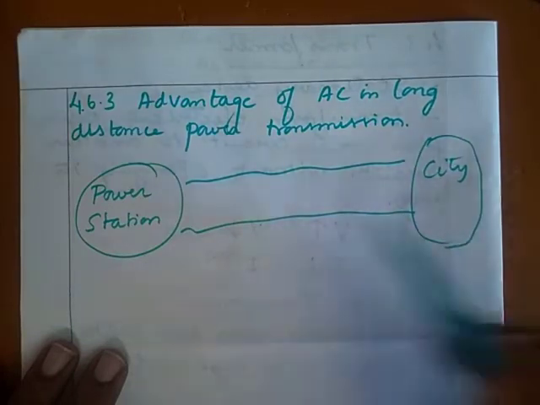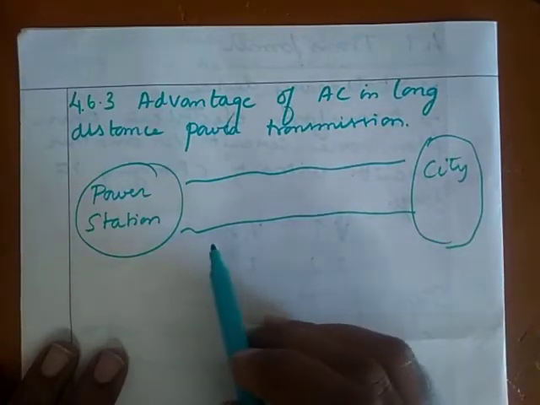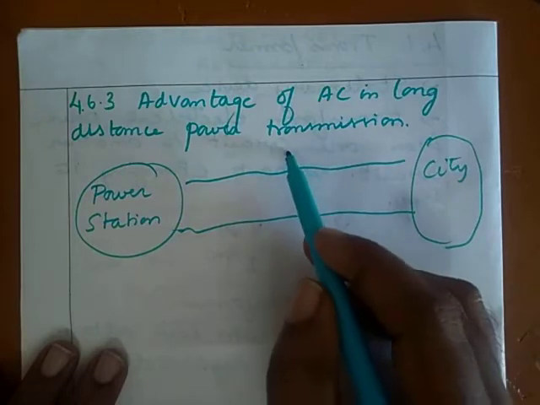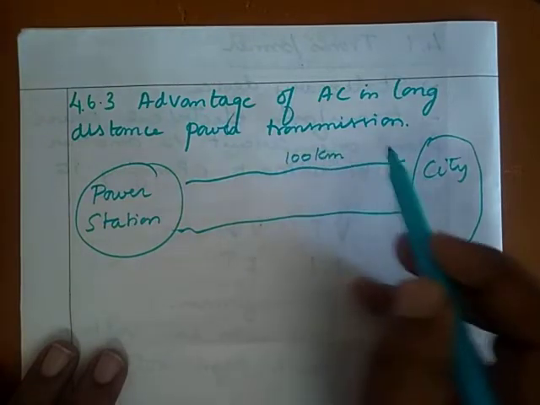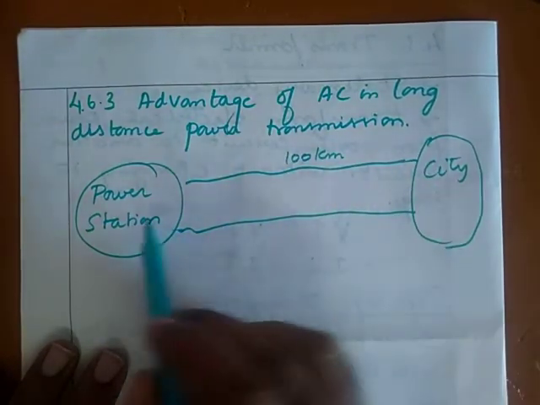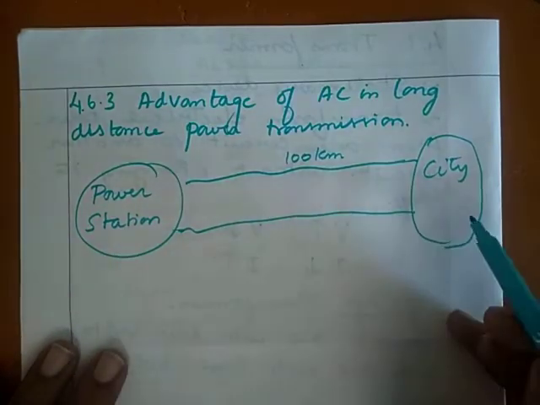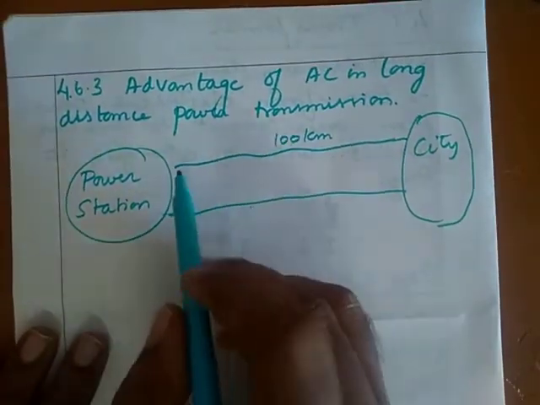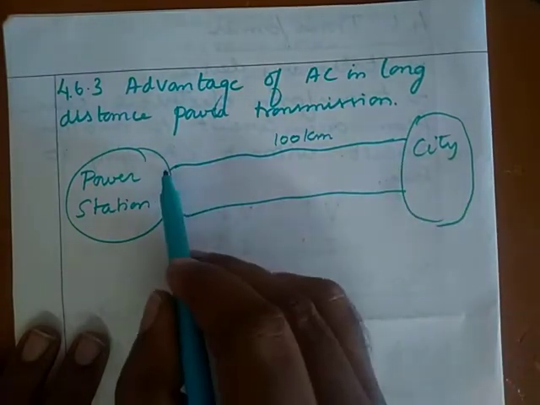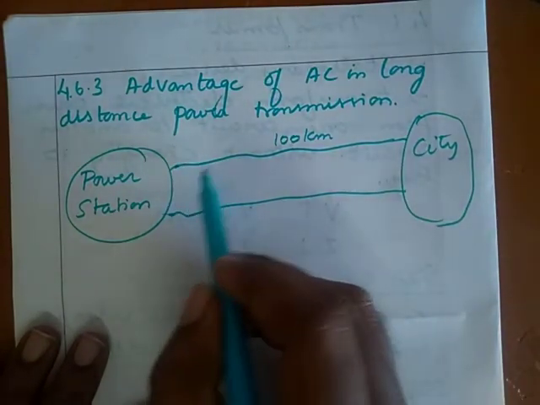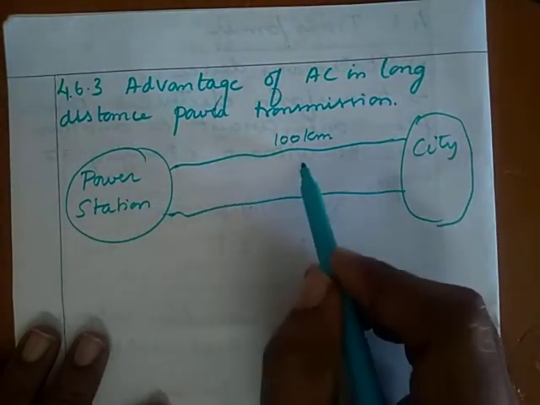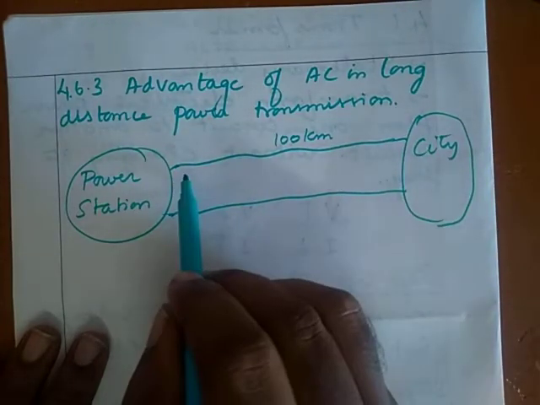We need to transmit this electric power from the power station through a long distance. It may be 1000 kilometers from this place to our city. So we need a wire, and in that wire the current will flow, and there will be some loss, that is the Joule heating effect.